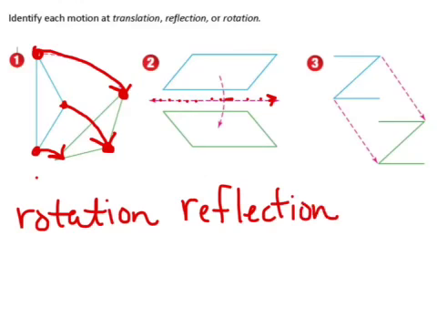Finally, let's look at this third example. Here it shows these two dashed lines, which represent a glide from one set of points to another. This example is a translation.